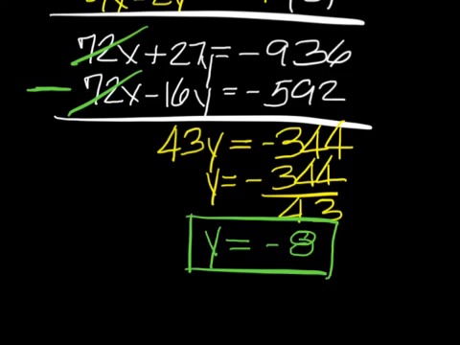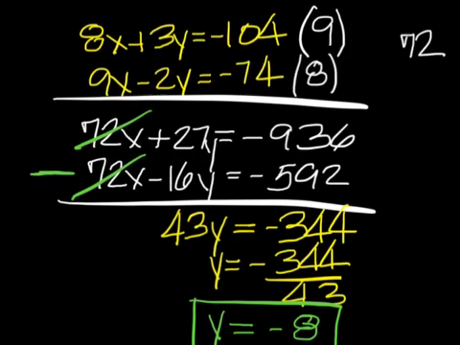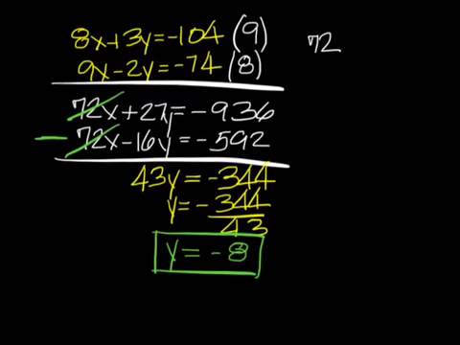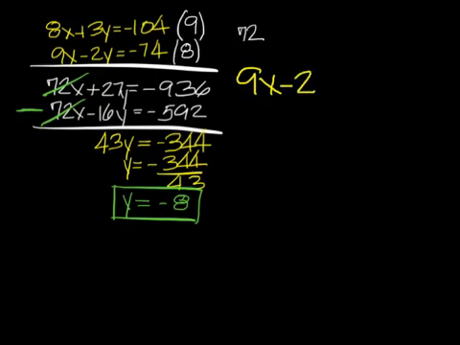To get the answer for x, you have to plug the y value back in, and you have a choice. You can use this equation, or you can use this one. It makes no difference which, as long as it's one of these two. I'm going to use the bottom one here. So I'm going to go to the right here and make some room. 9x minus 2 times y, but instead of writing y, I'm going to put what in?